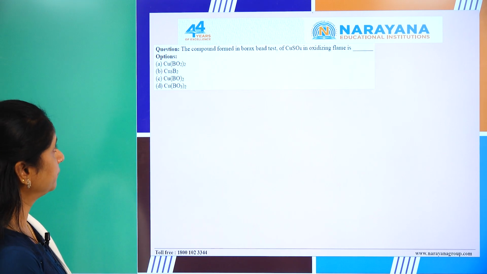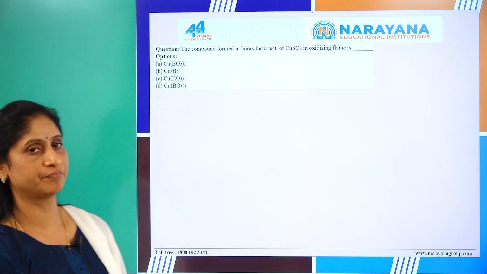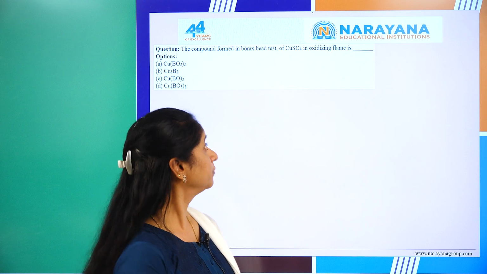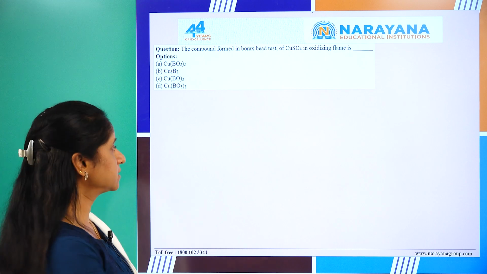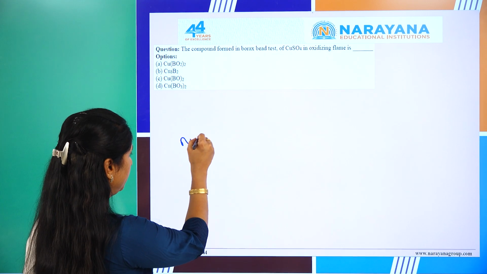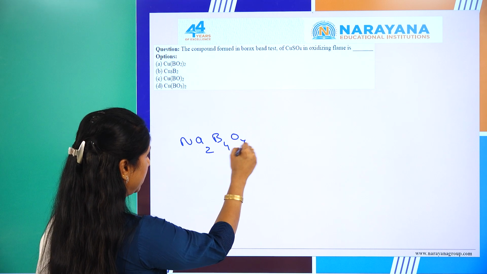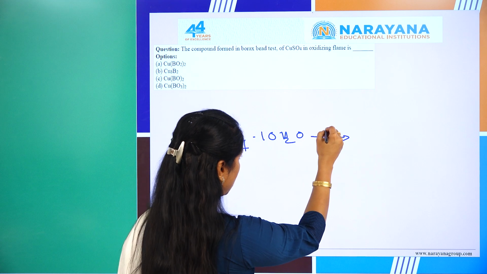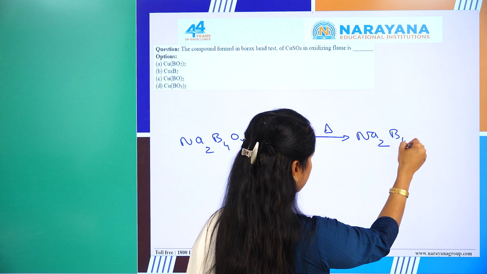So this is from the boron family, the 13th group. The compound formed in the borax bead test. That's a direct question, not a remote question from the 13th group. Test of copper sulfate in oxidizing flame. So borax, Na2B4O7·10H2O, sodium tetraborate, when it is heated, first loses all water molecules of crystallization, and you get sodium tetraborate.